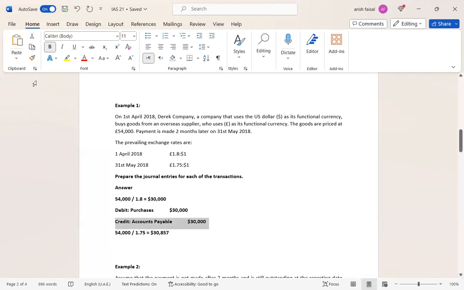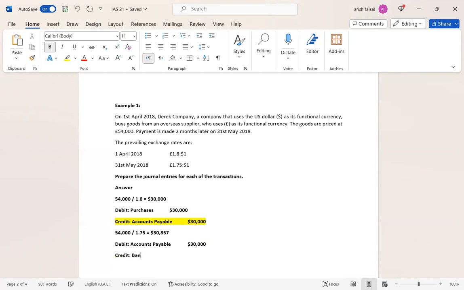So at the time of the payment, what you simply have to do is remove the liability. So the liability will be removed on the debit side. So I'm going to write down accounts payable debit with the amount of 30,000, but the credit over here is cash, because you're making the payment by cash or bank. So the bank would be credit over here at 30,857.